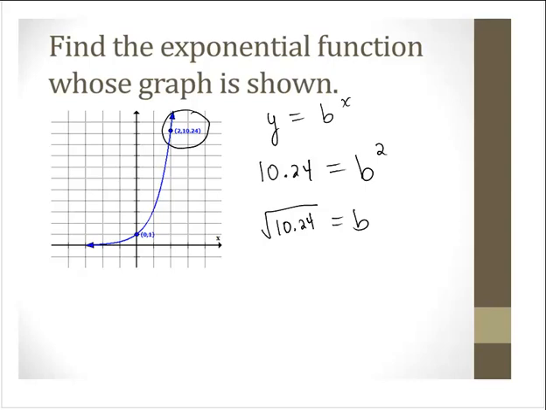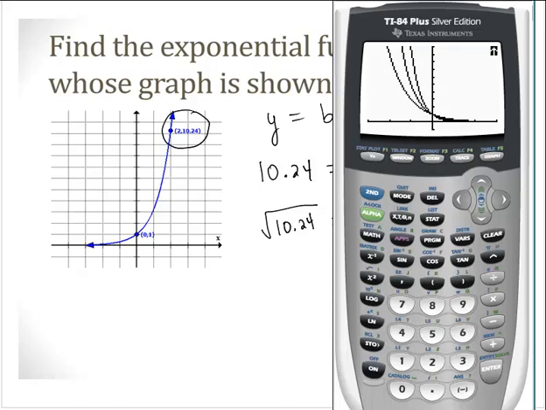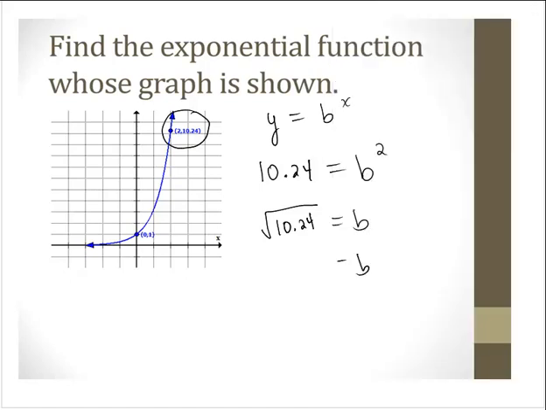So even though we really should have a plus or minus, in this context we can only accept the positive root. Going to our calculator, the square root of 10.24 is 3.2. b is equal to 3.2. And so then our function should be y equals 3.2 to the x.